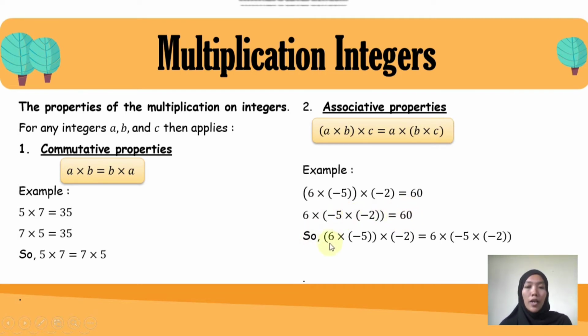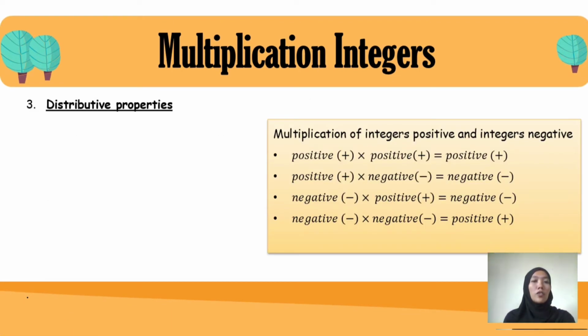So, open bracket 6 times minus 5 close bracket times minus 2 is equal to 6 times open bracket minus 5 times minus 2 close bracket. The third is the distributive property.